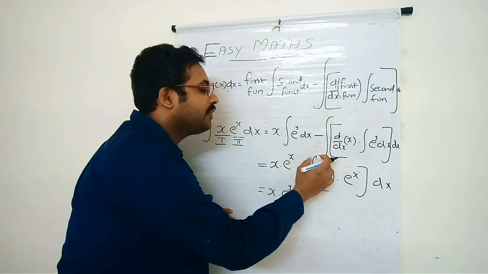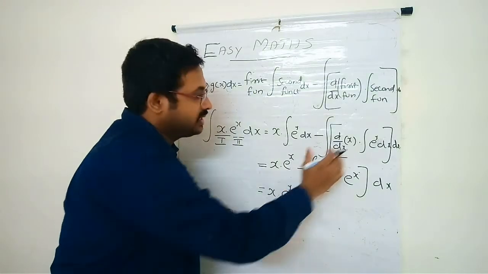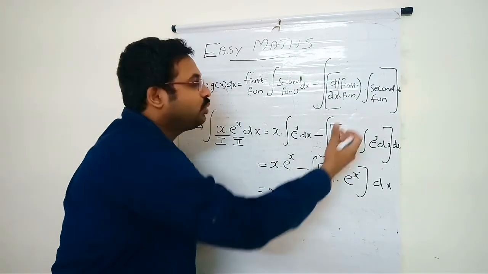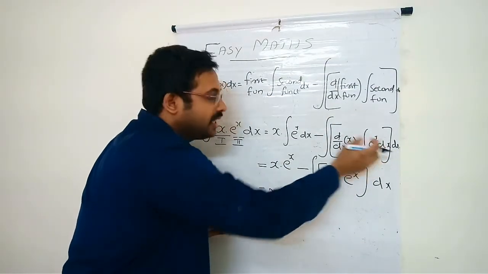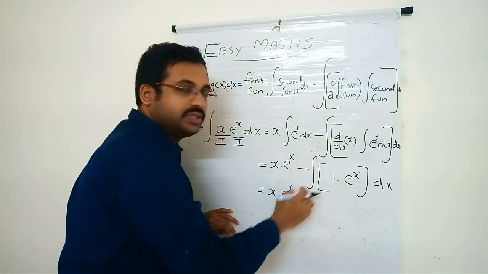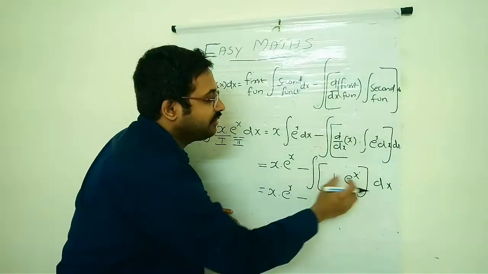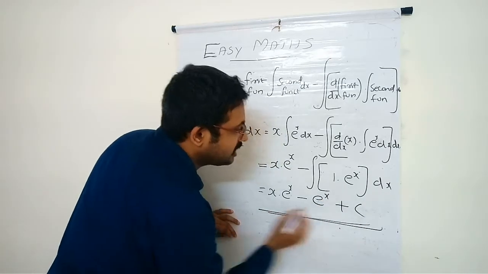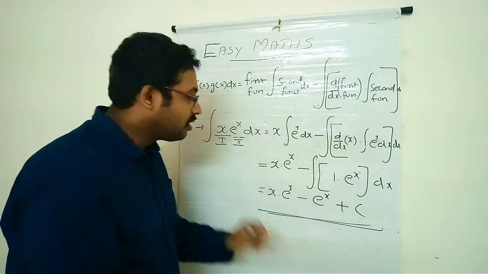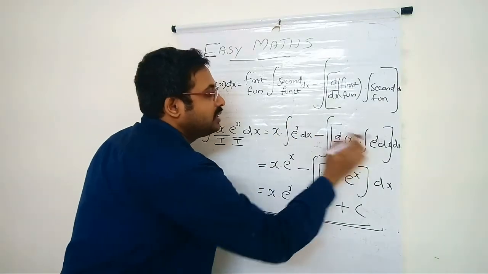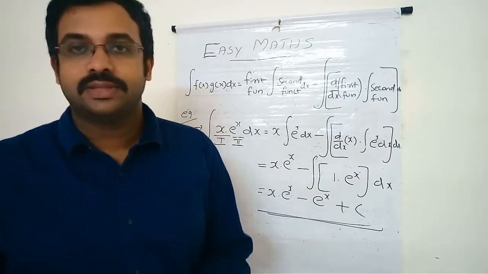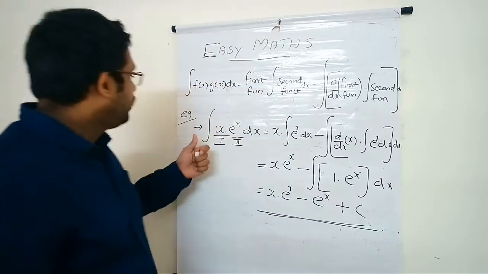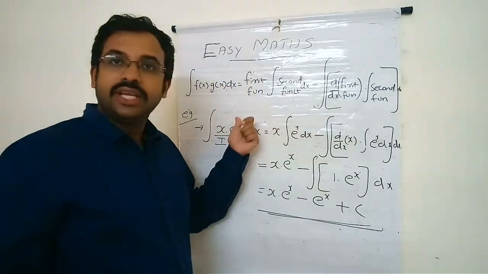Then this term we want to integrate once again. So in the second term we are actually integrating two times: first one is the inside integral, then another one is the outside common integral. So integral of e raised to x is e raised to x plus c. This c is the integration constant for all these three integrals. So what is integral x into e raised to x dx?